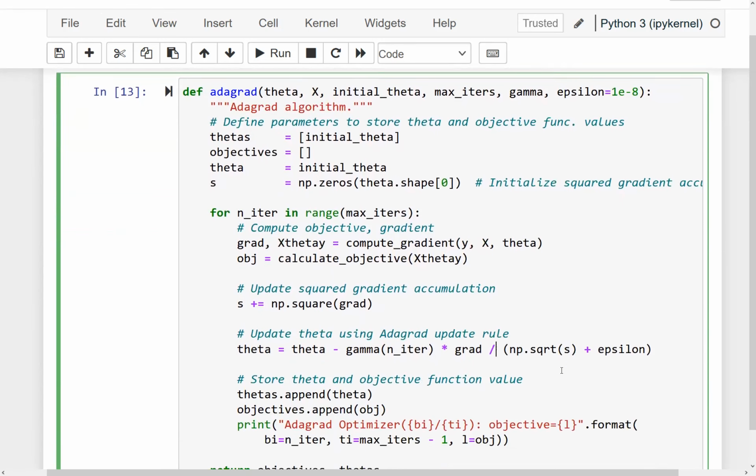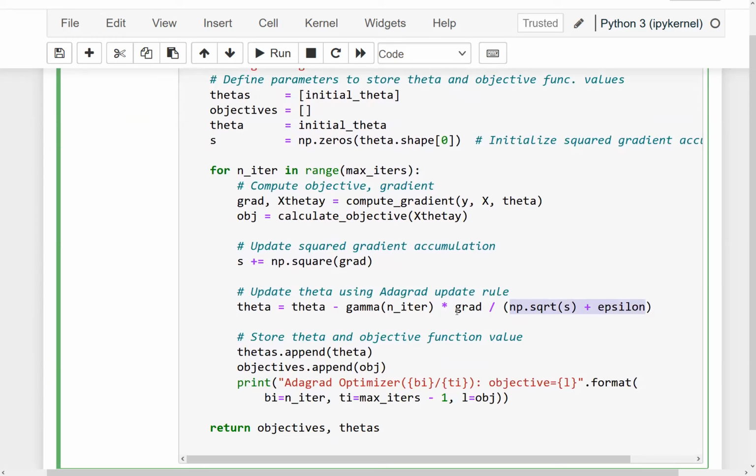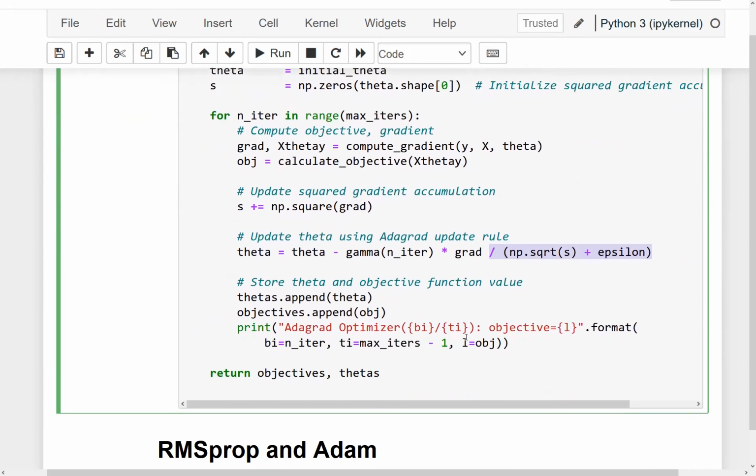Here you have a NumPy array, to be more precise, for which you apply the square root component-wise. You add to it an epsilon, which is a scalar, but NumPy will add the epsilon to each of the components. You divide the grad vector with another NumPy array, and you do this component-wise. Exactly how we would like it.